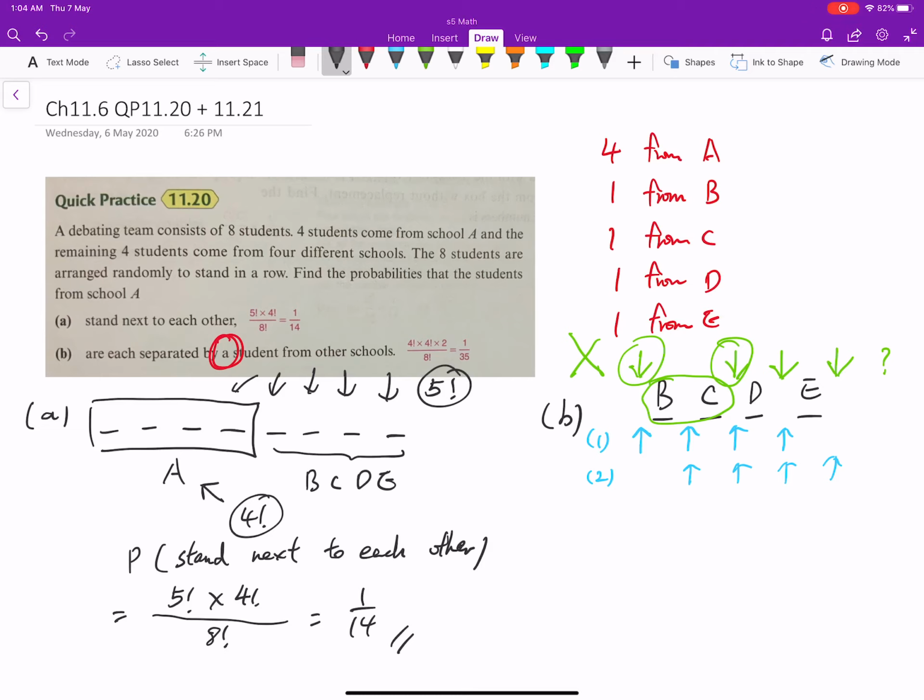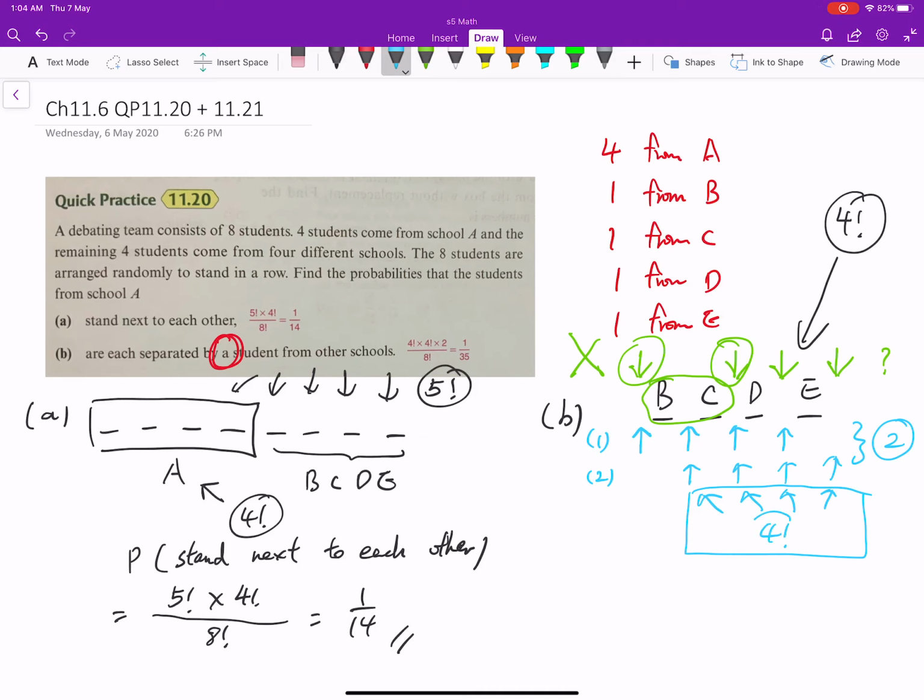Now for BCDE, you get 4 factorial arrangement, right? And for these 2 blue ones, you get 2 arrangements. And for these 4, you can also arrange them, like A1, A2, A3, and A4, you can arrange them by themselves. So you also get 4 factorial in this situation.